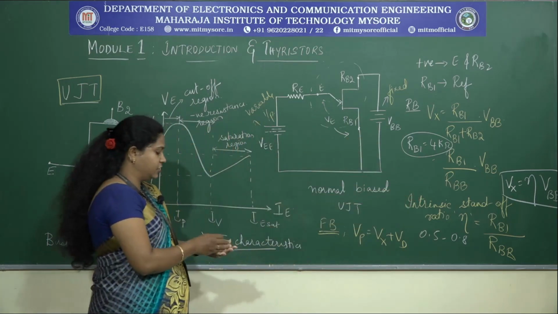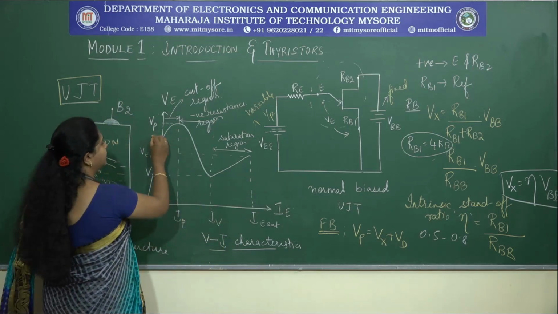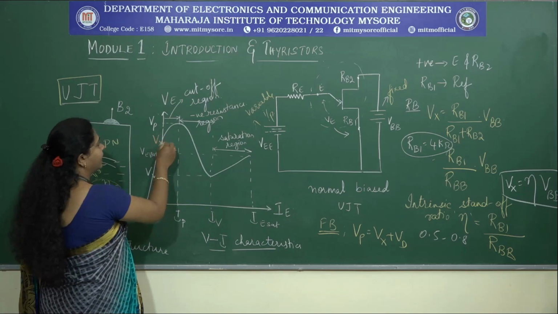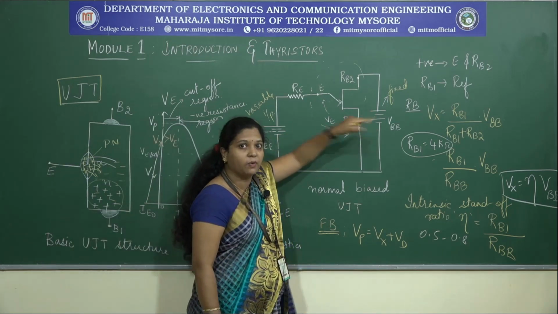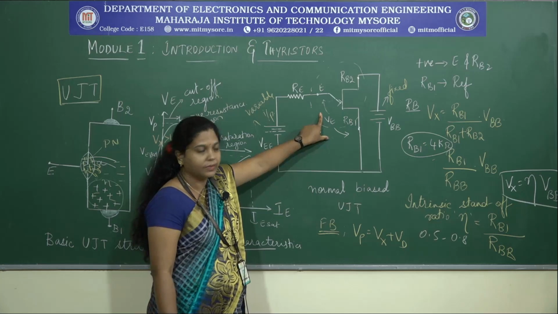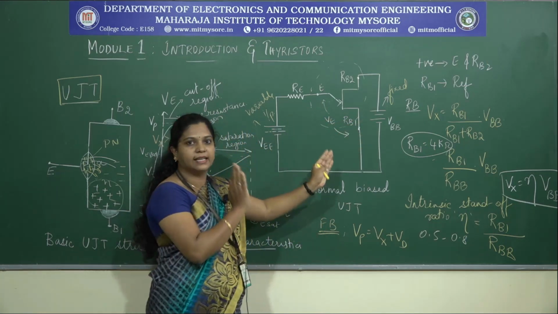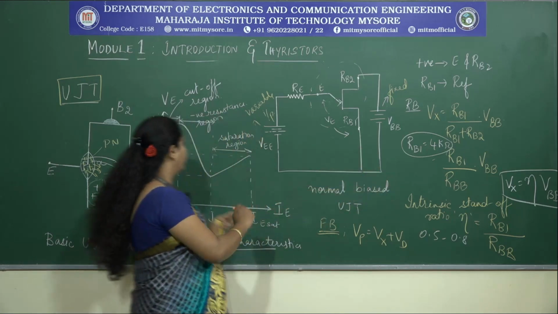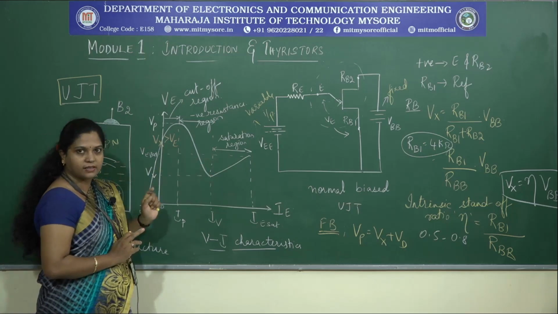So this region is where the voltage Vx is greater than VE. Vx greater than VE means the VBB-derived voltage is higher than the applied voltage VE. So during this time the UJT is in the off state, and we are going to get some voltage Vx.